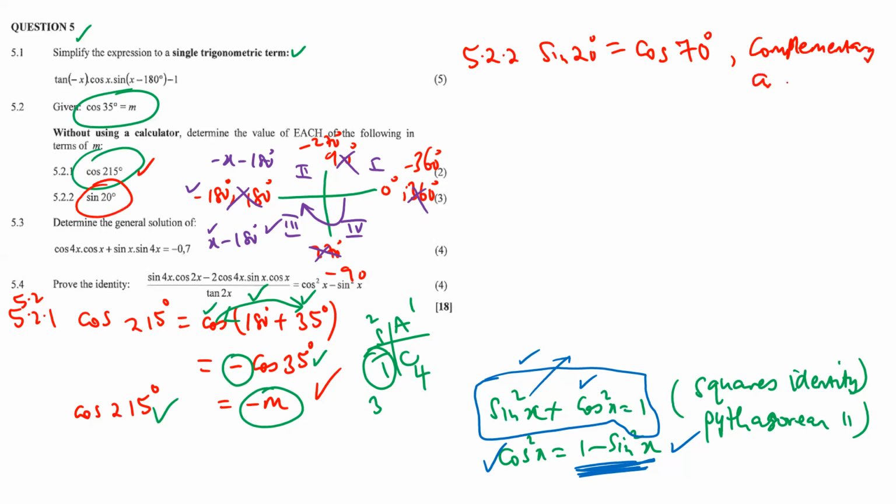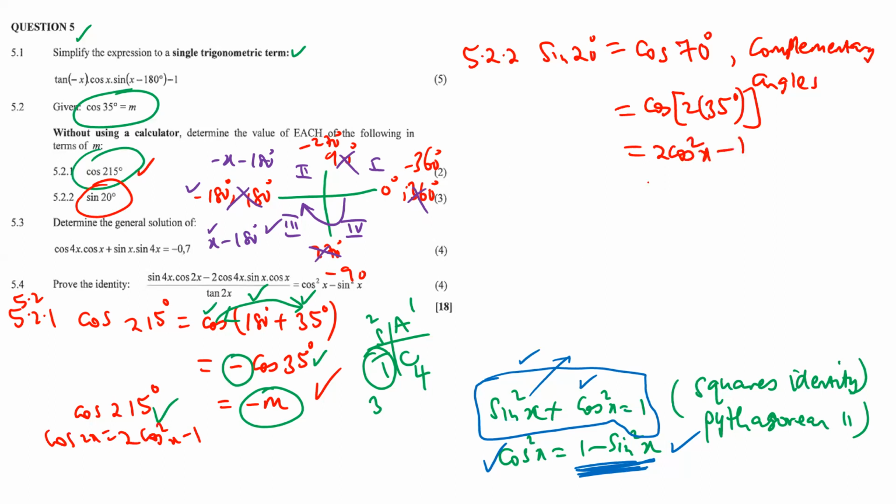So this is cosine 70, but cosine 70 is the same as cosine of 2 times 35. Cosine 2x is 2 cosine squared x minus 1. It is a double angle formula.